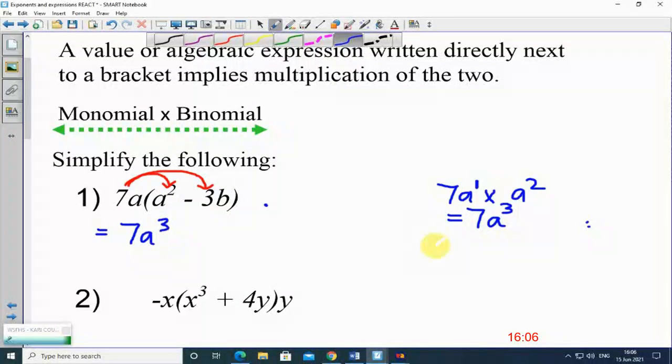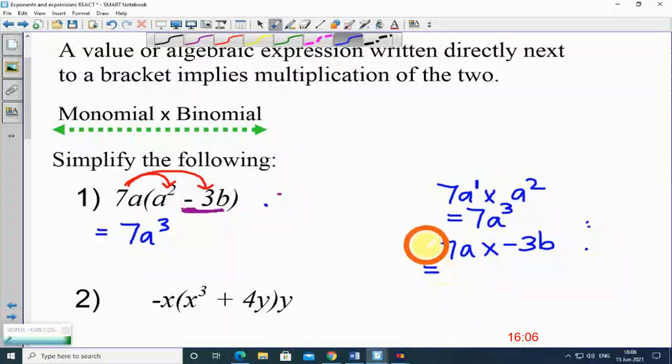Alright. Now I've got to do 7a times, and notice we've talked a lot here about how the sign, the minus in the front, sticks with that term. So actually what we're having to say here is 7a times minus 3b. Okay, what would we get?